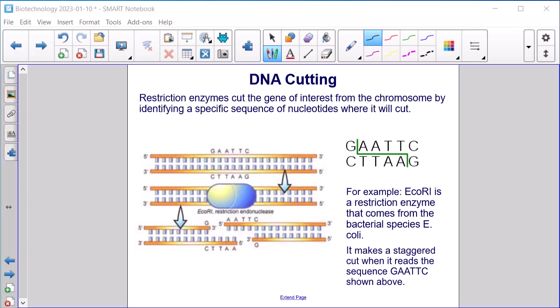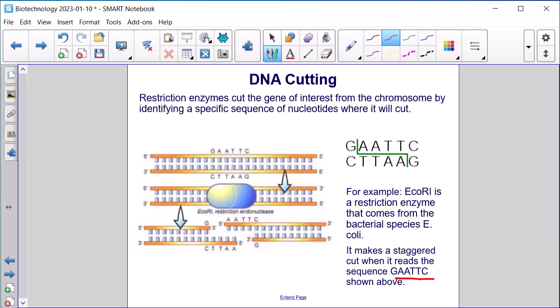EcoR1 is a restriction enzyme that comes from the bacterial species E. coli. It makes a staggered cut when it reads the sequence GAATTC, as shown above. So you see in this DNA sequence, we have GAATTC.